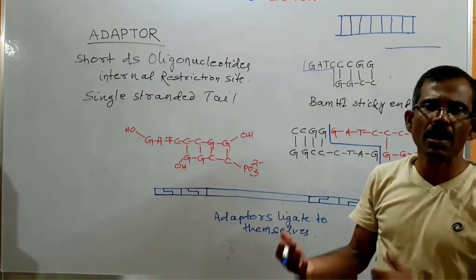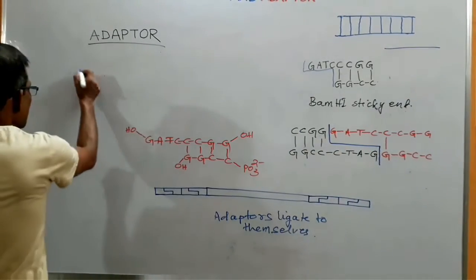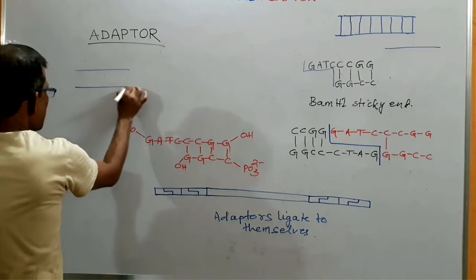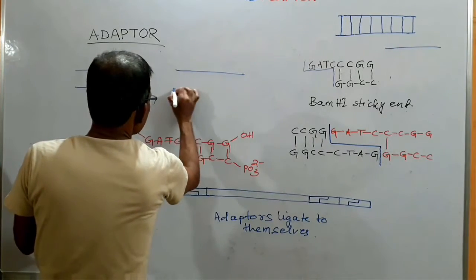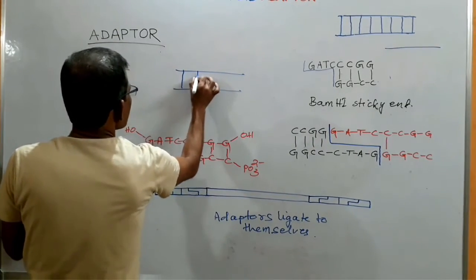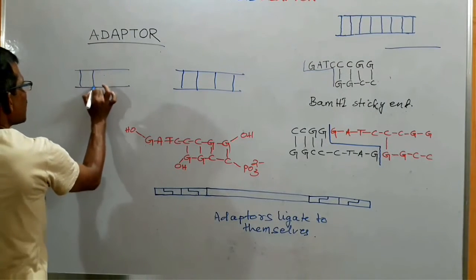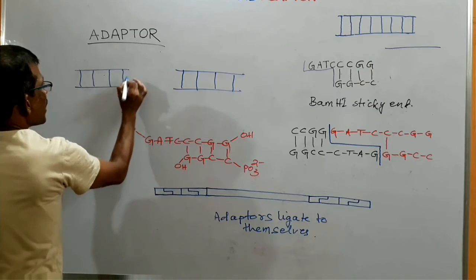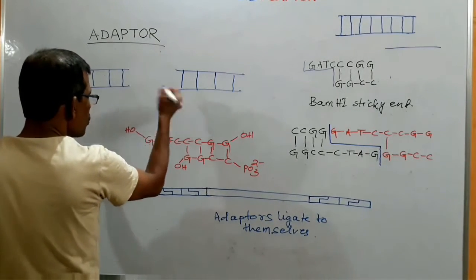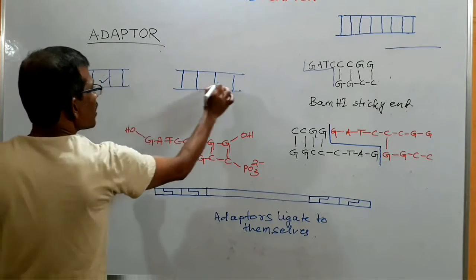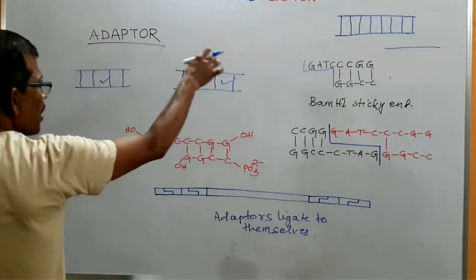So how will this occur? Let us see. For example, these are the two DNA fragments. This fragment is double-stranded and this fragment is also double-stranded. These two fragments are blunt-ended. So we want to ligate these two DNA fragments by using adapter.